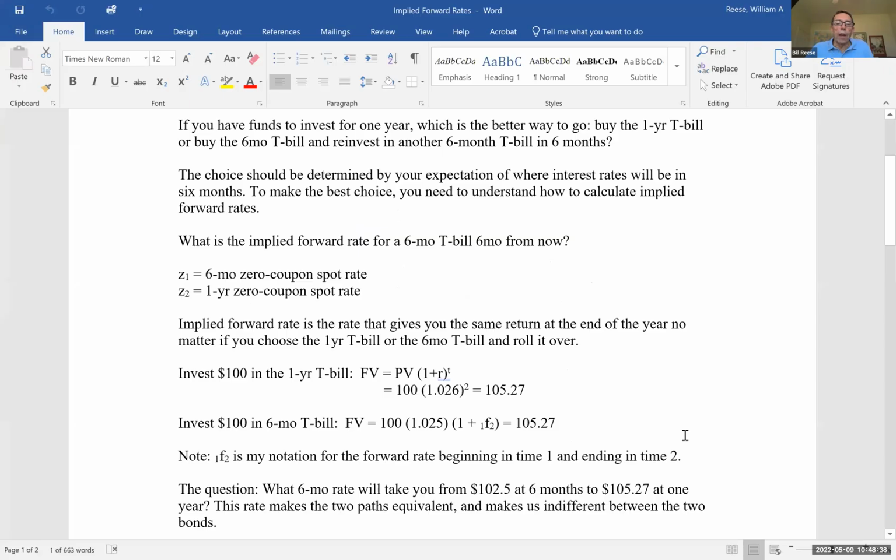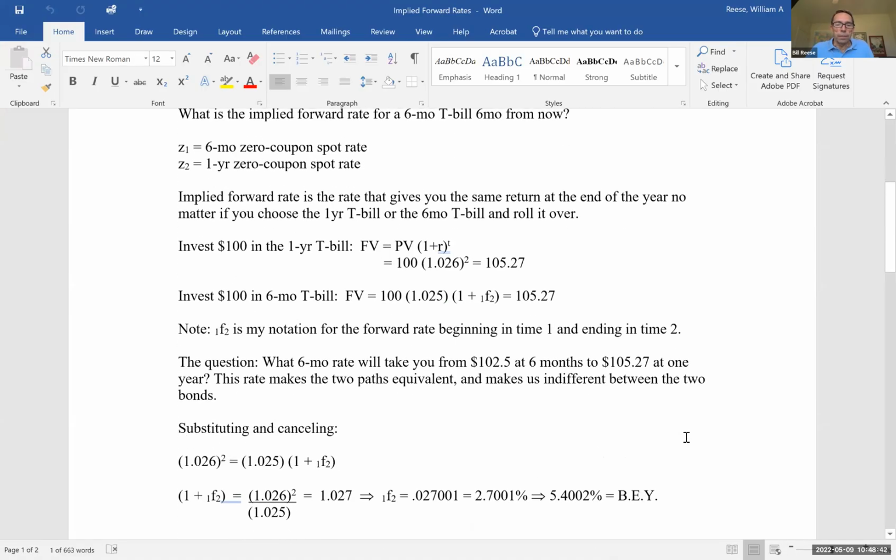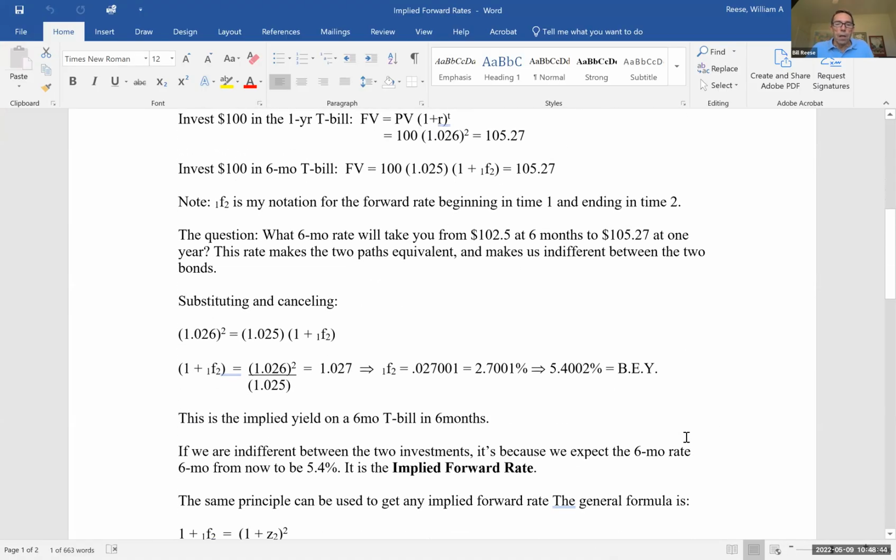So we're saying basically here, here we go, that 1 plus 1F2, well, here's what we looked at before, okay? So that's 1 plus Z2 squared equals 1 plus Z1 times 1 plus 1F2.